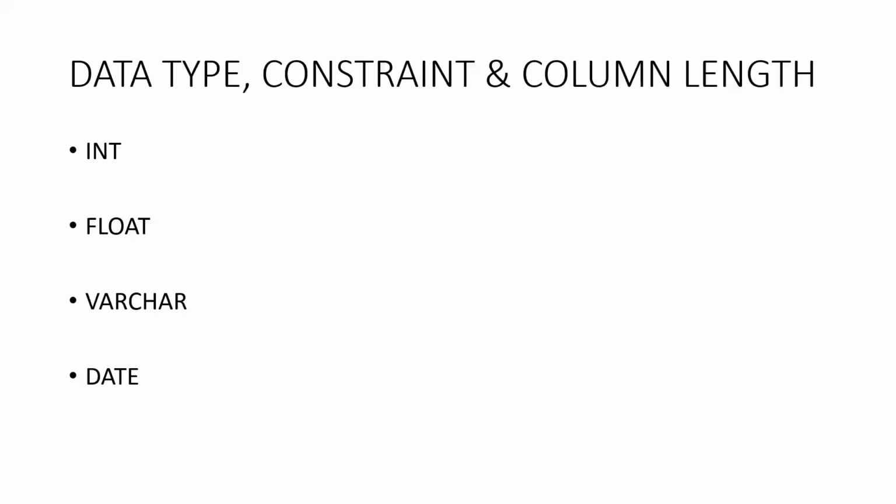Let me check. Okay, data type. When I'm declaring a table definition, for a column we need to mention what kind of data type the column should have, that means what kind of fields that column should be storing. Integer means it's totally a number, no floating value. Float means some floating value should be there.